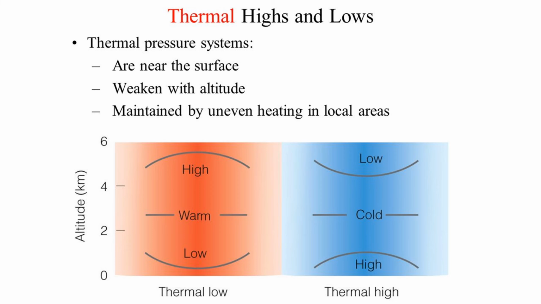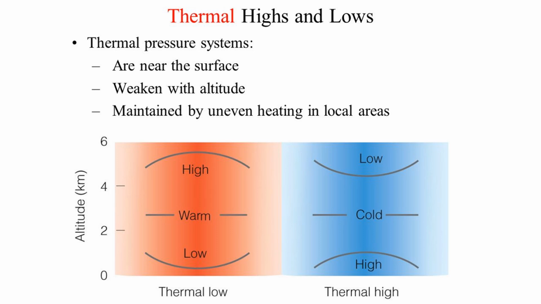A similar pattern happens above the cold thermal high. The surface pressure is greatest in its center, but because the isobars aloft are crowded together or closely spaced due to the cold, dense air, the surface thermal high becomes a low above about a kilometer above the ground.